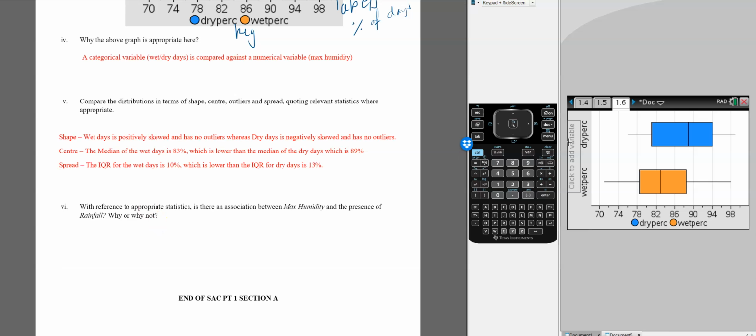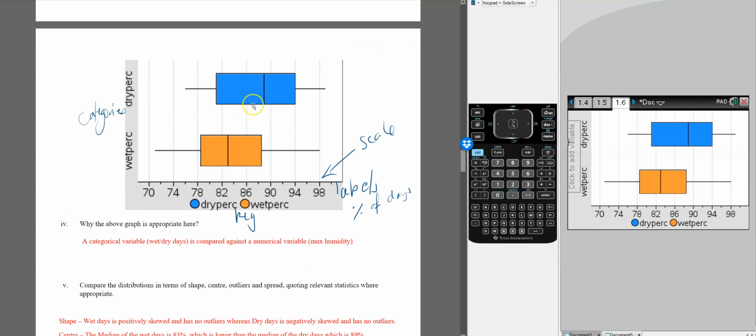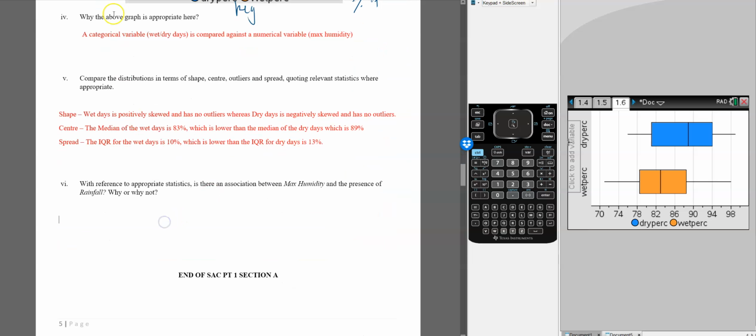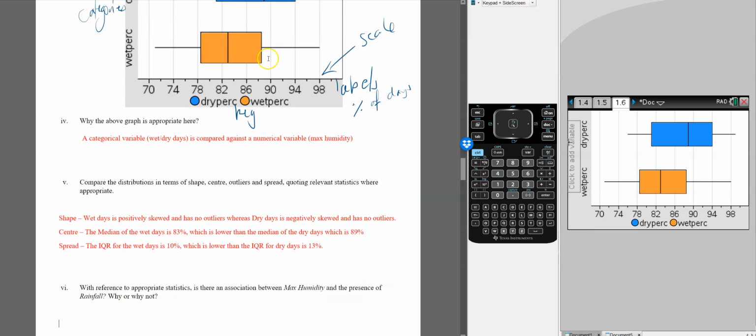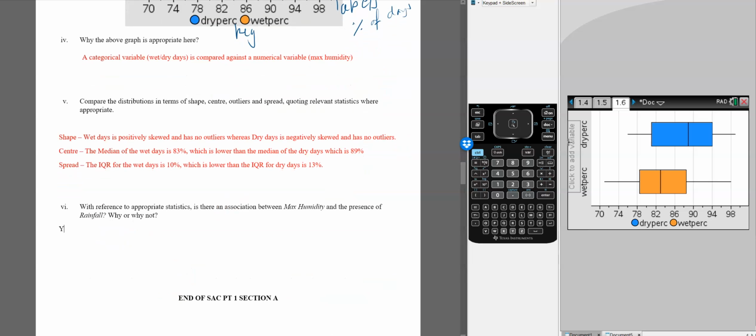Okay, the last one is, with reference to appropriate statistics, is there an association between max humidity and the presence of rainfall? Remember, whenever it says association, the word association implies that if there is a difference, there is an association. So I would say there is a significant difference here, because this one here has a median of 83% and this one has a median of 89%. So I would say yes.